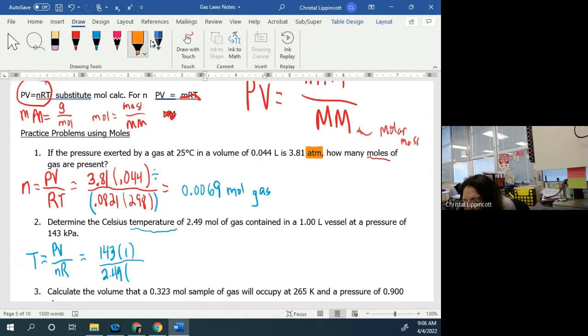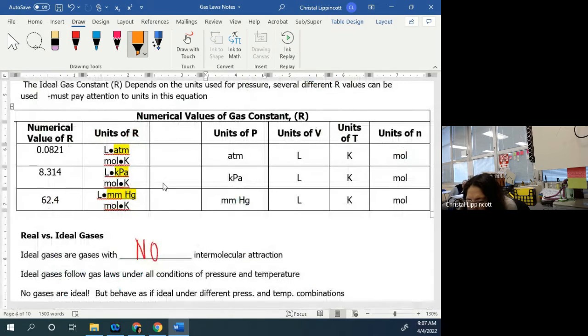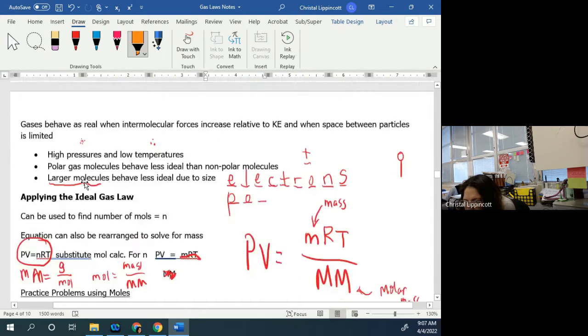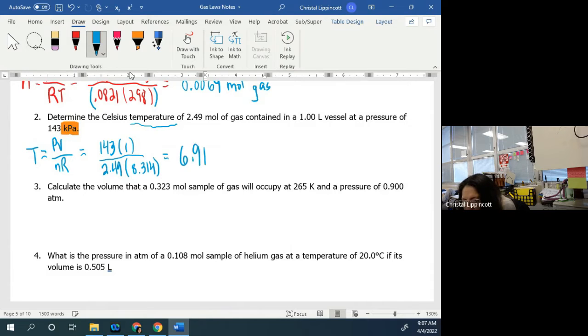So to figure out your R value, you're going to see what units your pressure was given in. You're going to go back to this chart and find the R value associated with kilopascals. So that ended up being 8.314. Then you do the math and you end up with 6.91 Kelvin.